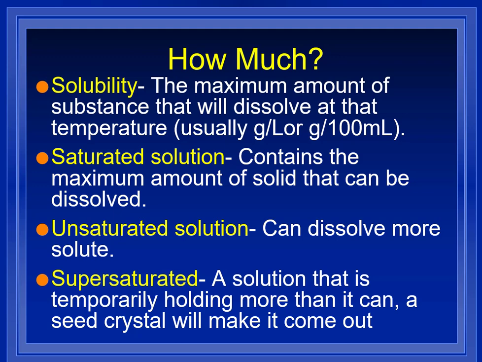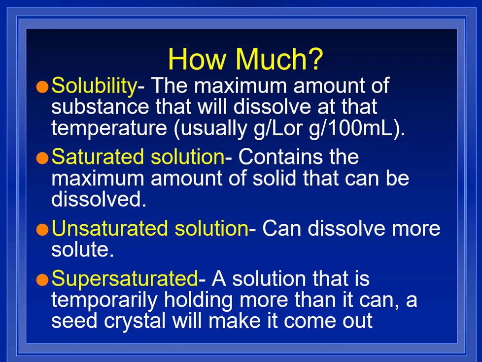Okay, how did I do this? It's supersaturated at this temperature. The way I made it was, I put it in hot water, dissolved a lot of stuff, and then stuck it in cold water and cooled it off. And a lot more can dissolve when it's hot.